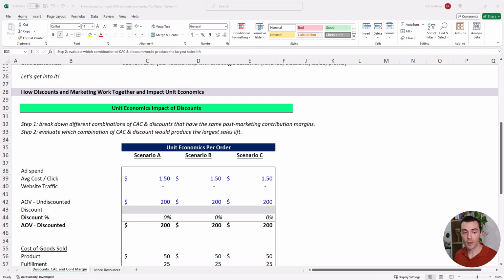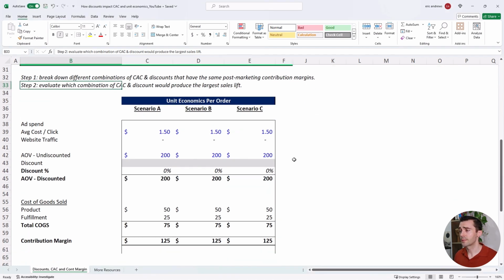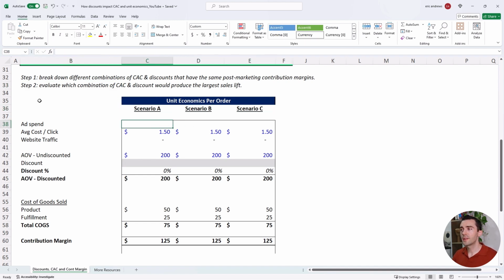Okay, so we have three scenarios: scenario A, scenario B, and scenario C. In all three of these scenarios, we will have the same starting point, which is we spend $100,000 in ad spend. So we have 100K, 100K, and 100K. And we're assuming that in all of these scenarios, it costs us about $1.50 per click to get traffic to the website.